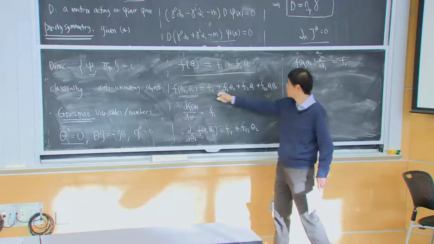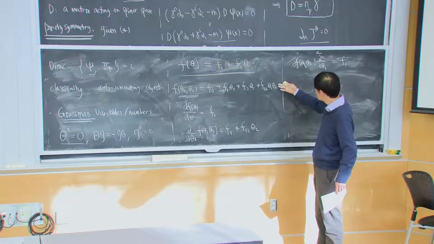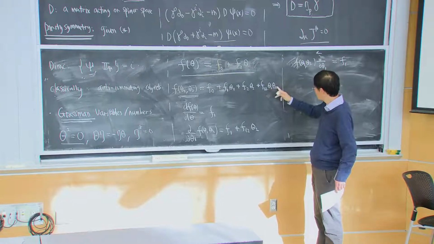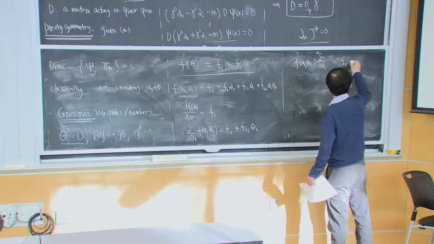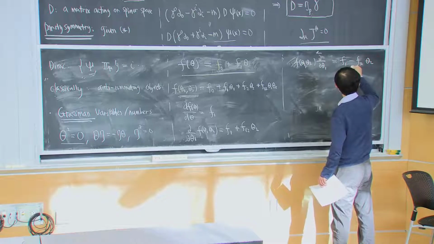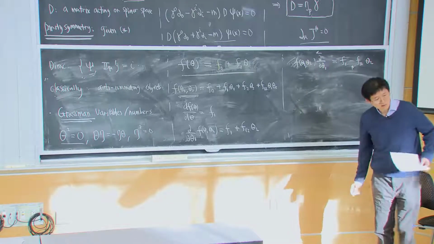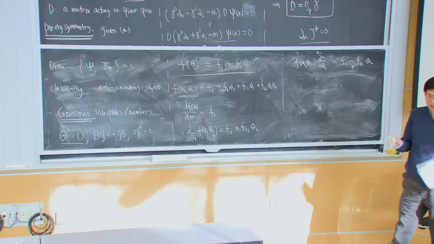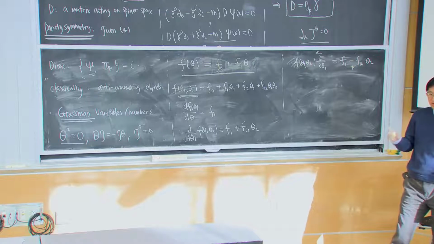Again, this term will be 0. But now if we take the derivative from the right, then you have to move theta 1 to the right of theta 2 first, because there's a theta 2 here. And that gives you a minus sign. So it gives you minus f12 theta 2. So you differ by a minus sign. Okay. So from now on, without specifically mentioning, we always take the derivative from the left. Okay. So that's the convention, we always take the derivative from the left.